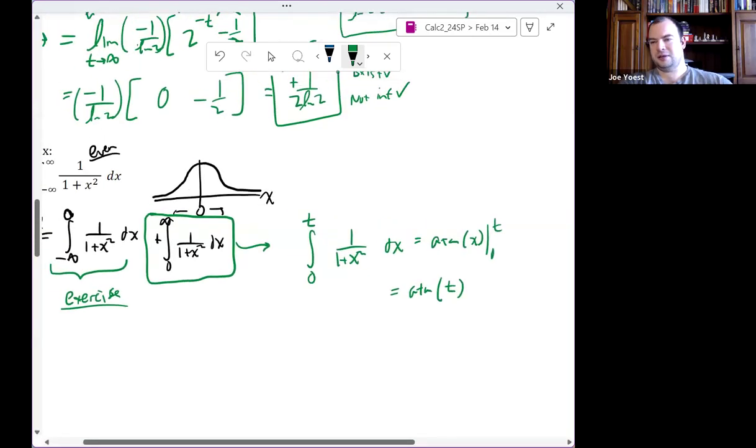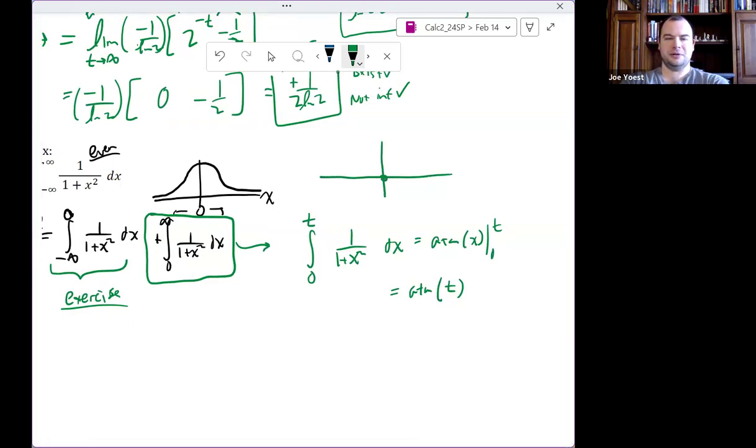What does arctan look like? It goes through 0, 0 because tangent of 0 is 0, right? Sine 0 over cos 0 is 0. We have a horizontal asymptote at pi over 2 and at negative pi over 2.